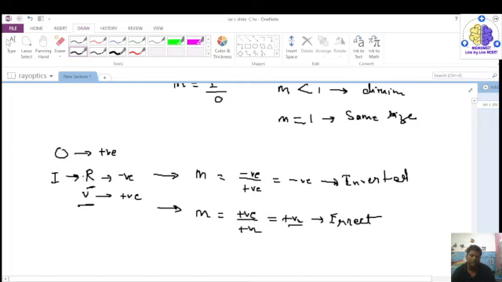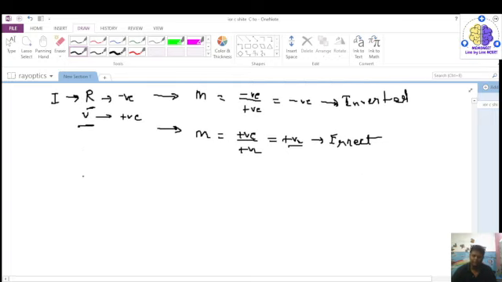Now there is one more relation for linear magnification. Linear magnification is also written as minus v upon u, where v is the image distance and u is the object distance. Now let's see whether what we have seen above is true or not. What we have seen is, for real images, magnification is coming as negative.